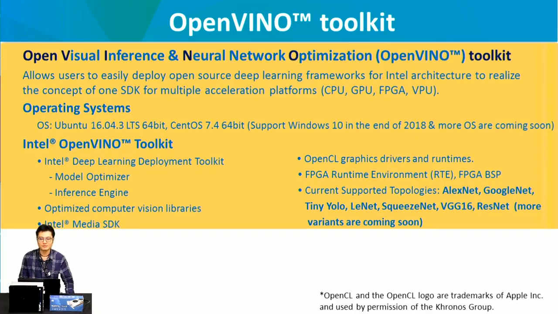Also, you get the optimized computer vision library, which means OpenCV 3.3 is optimized for the Intel architecture. And the Intel Media SDK is for you to handle the video codec process. Also, OpenCL and the FPGA runtime environment are included in this package.